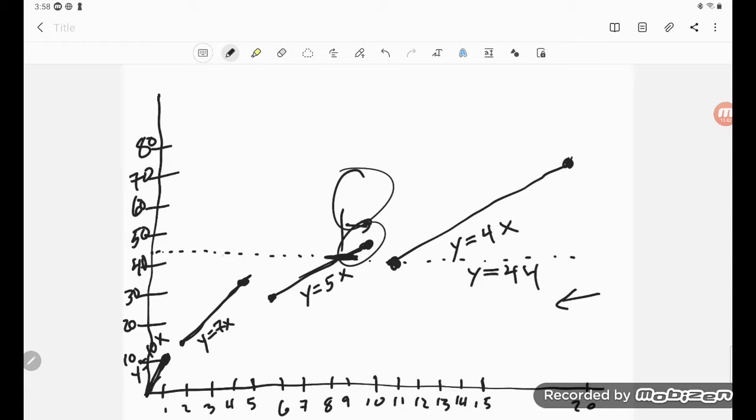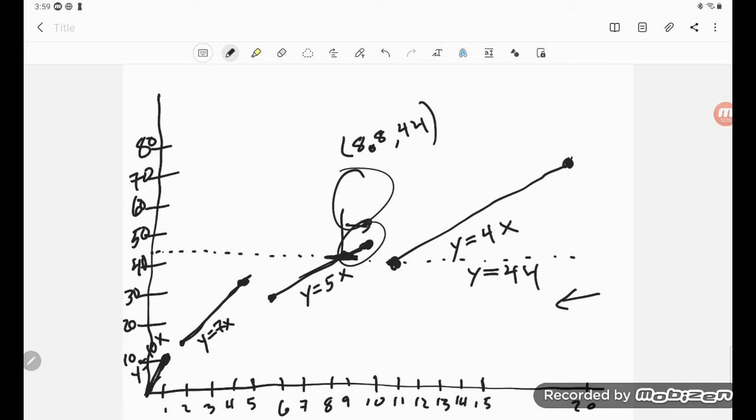Now I can look at the graph, if I look at where these intersect in something like Desmos or whatever, what I will see is that this is between 8 and 9 somewhere. I think it'd be like 8.8 or something like that, and so this point here is something like 8.8 and 44.